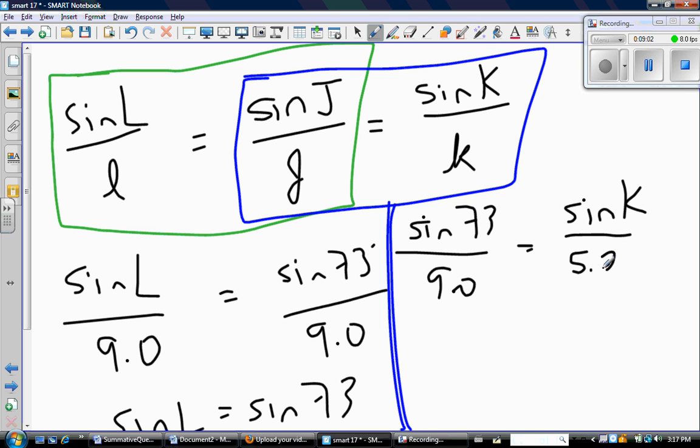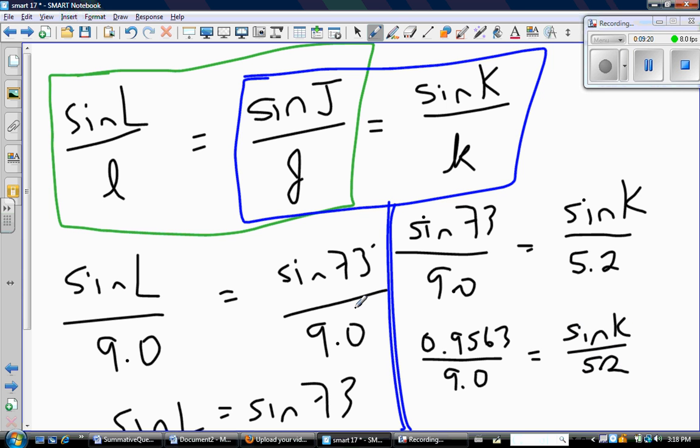And now to do the math. Okay, so sine 73 is 0.9563 over 9.0 equals sine K over 5.2. So at this point, I'm cross multiplying.